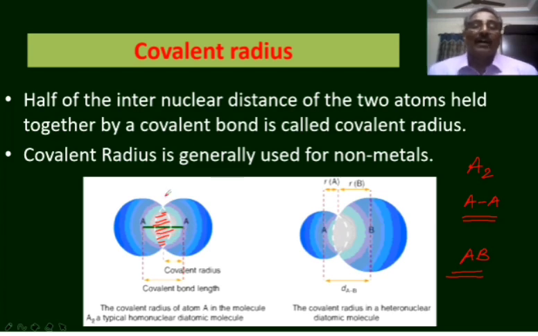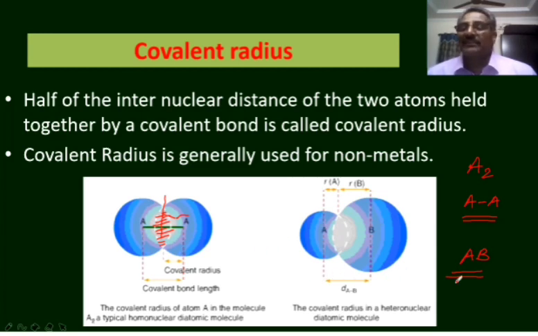So, half of this distance, the distance between A and A, is said to be the covalent radius. The covalent radii are generally used for nonmetals.